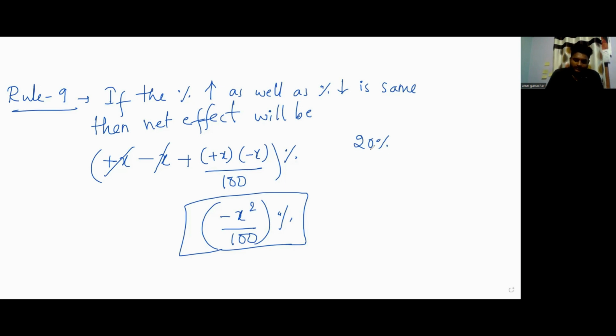What is the net effect? 4%. Getting this? Yes, sir.